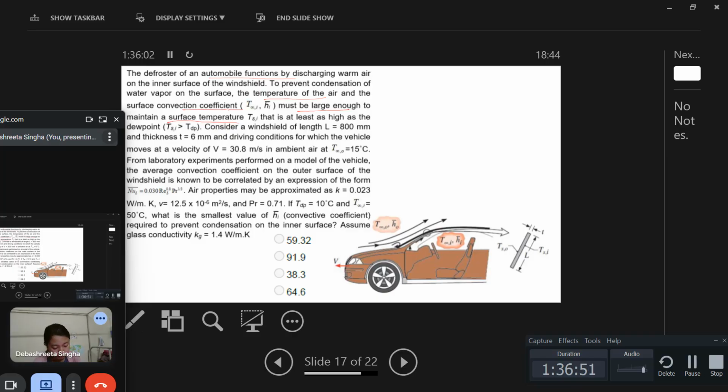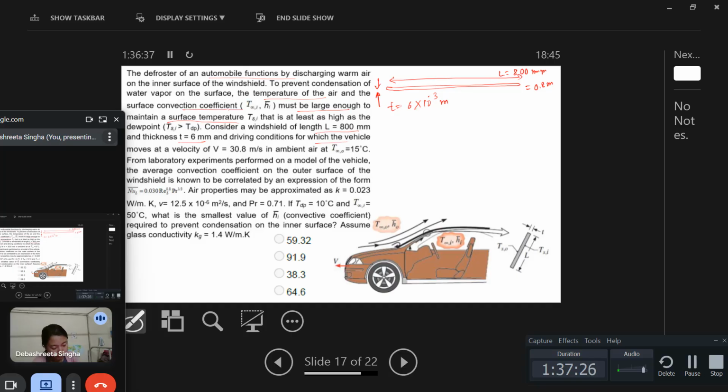Okay, consider a windshield of length L equal to 800 millimeter and thickness equal to 6 millimeter. So that windshield has length 800 millimeter, that is 0.8 meter, and thickness 6 into 10 to the power minus 3 meter.